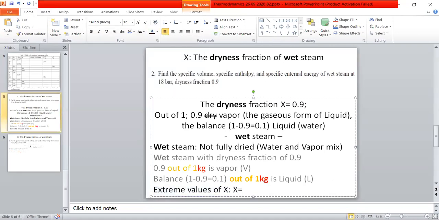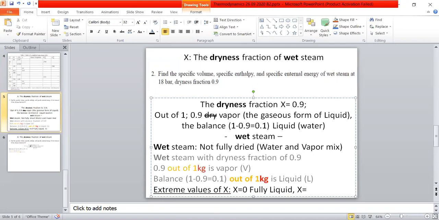X equals 0 means, can you understand? X equals 0 means fully liquid. Interesting.